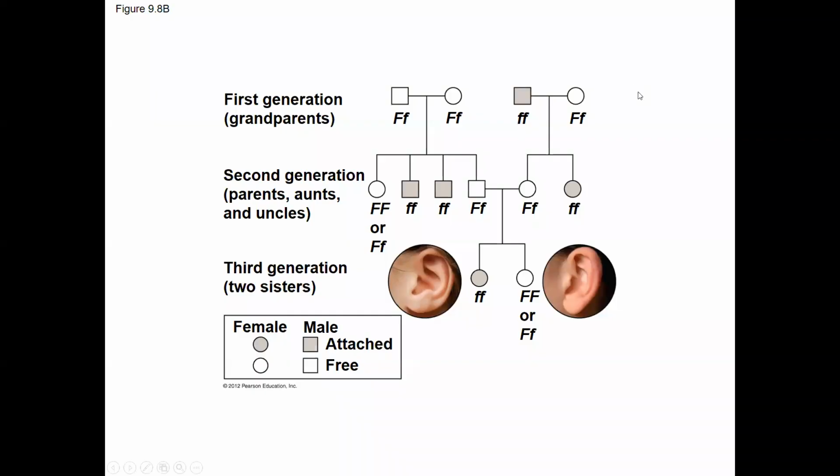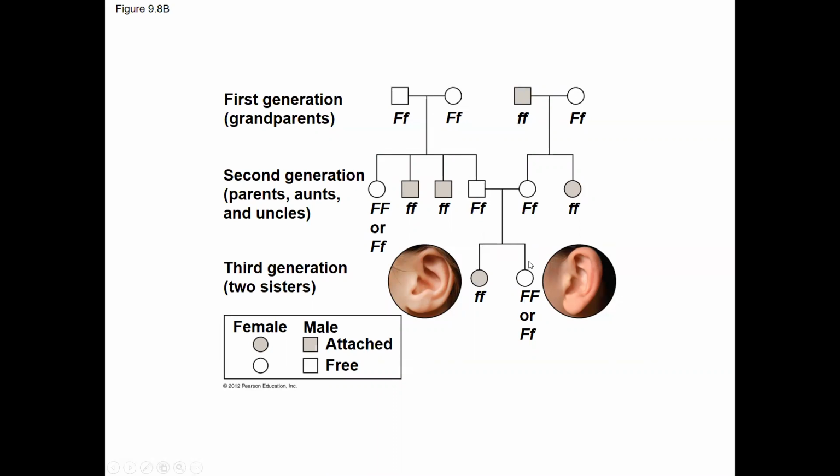So here is a simple pedigree showing you 2 generations of grandparents. These are one set of grandparents, another set, and this is the man and woman who got married and had offspring. And you can see that these 2 individuals are heterozygotes, where both have parents that carry the recessive alleles.